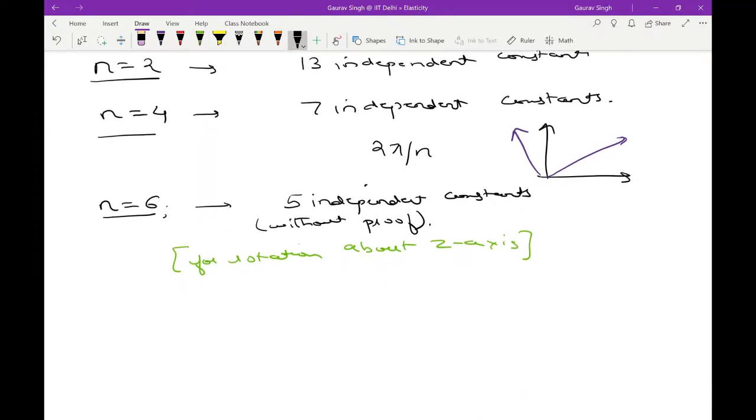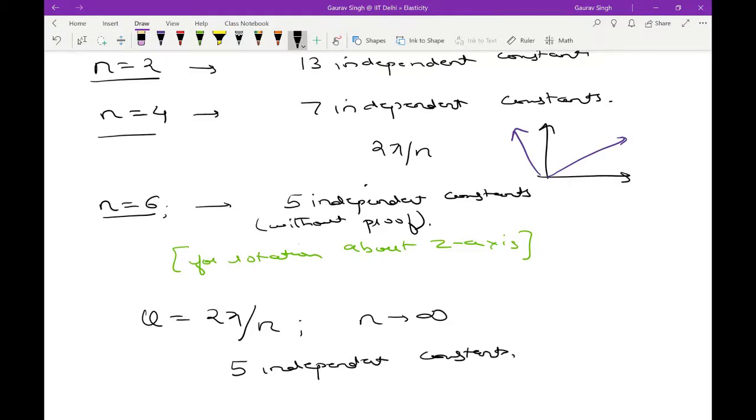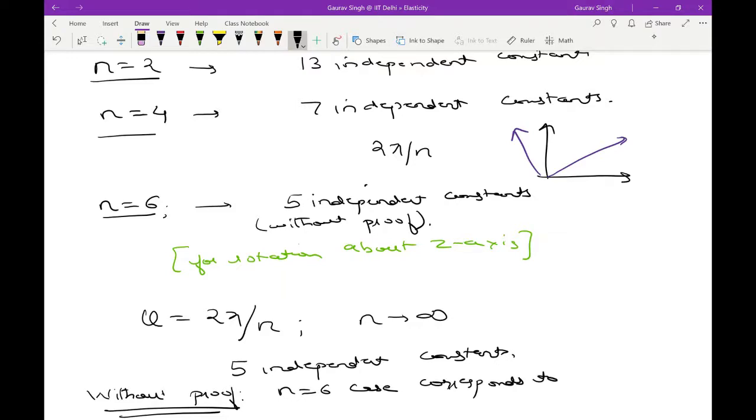Now it does happen that if you rotate by theta equal to 2 pi by n, where n tends to infinity, you still get only 5 independent constants. So without proof I am stating that the n equal to 6 case corresponds to the n tending to infinity case.